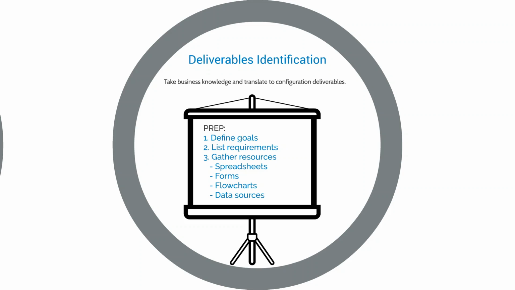If you have an idea of what your process is and what you would like it to look like versus what it is now, if you can get that outlined and defined, even if it's just something you write out on paper, that can help give your software consultant an idea of where they should target for the deliverables, which is the software configuration.